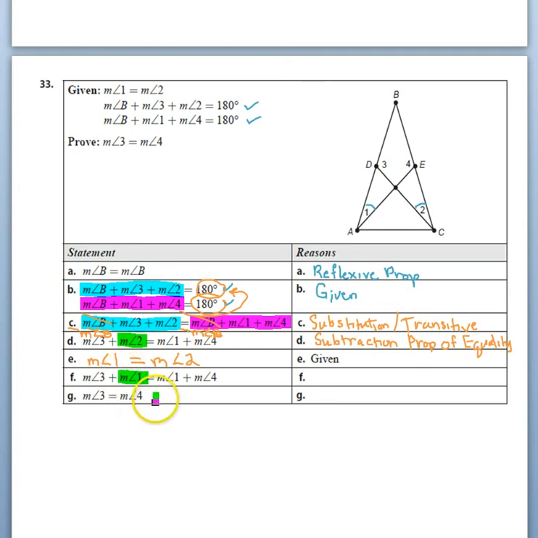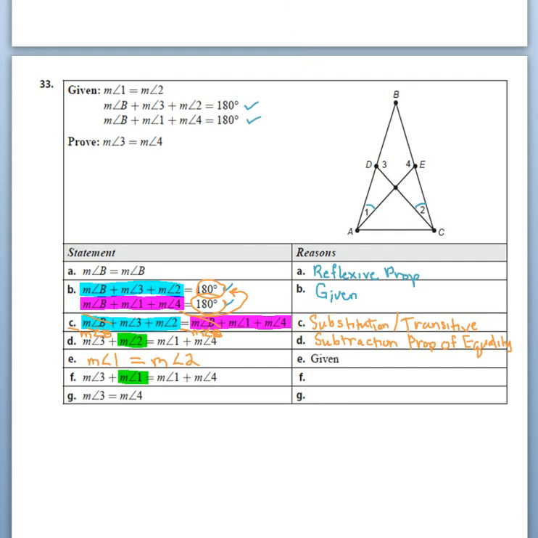Well, how can you take angle 2 and put angle 1 in there instead? Well, it's because of statement E. In statement E, we knew that angle 1 is the same thing as angle 2. So instead of angle 2, you could put angle 1 in that spot, and that's what happened. So what's that called? Substitution.